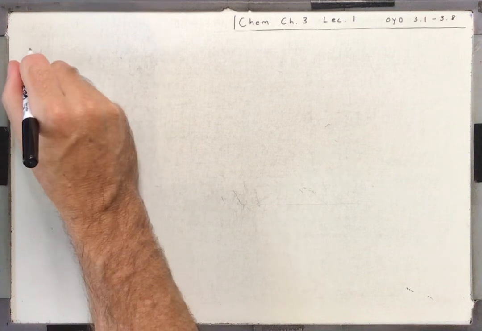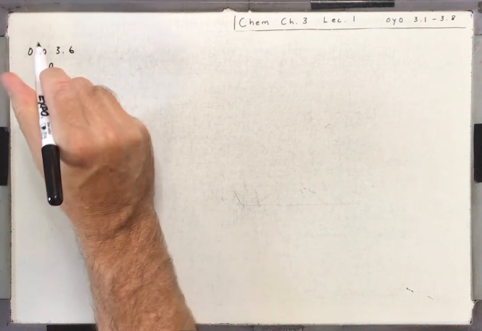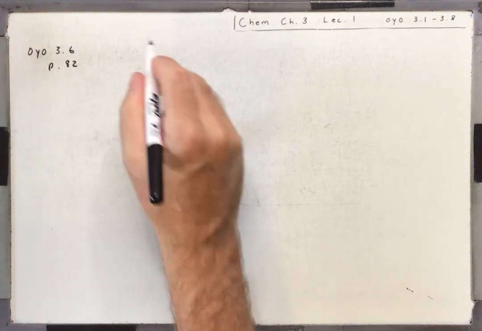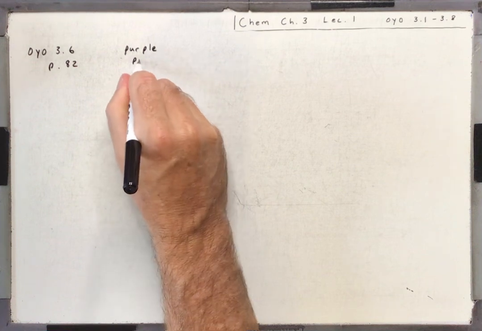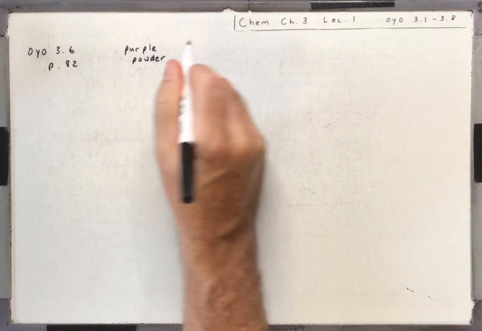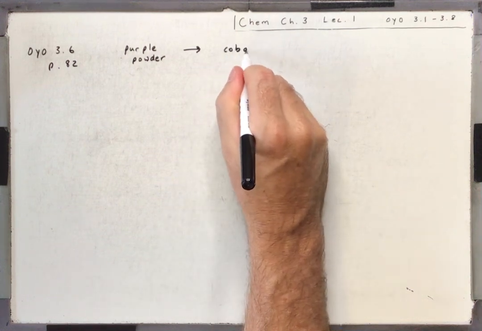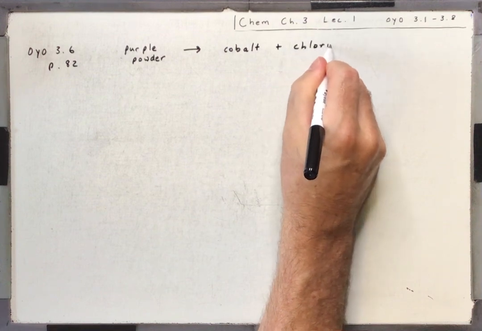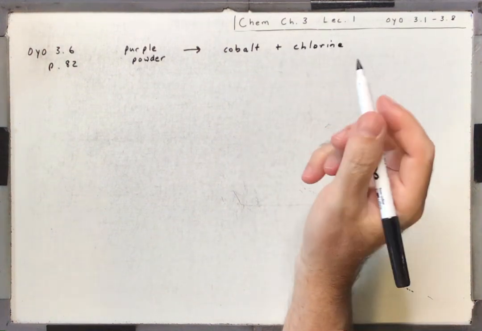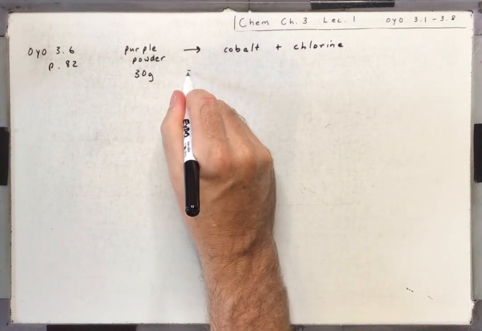All right. So we're starting here, and we're on page 82. We have a purple powder. And we decompose that into cobalt plus chlorine gas. Okay, we start with that 30 grams of purple powder.